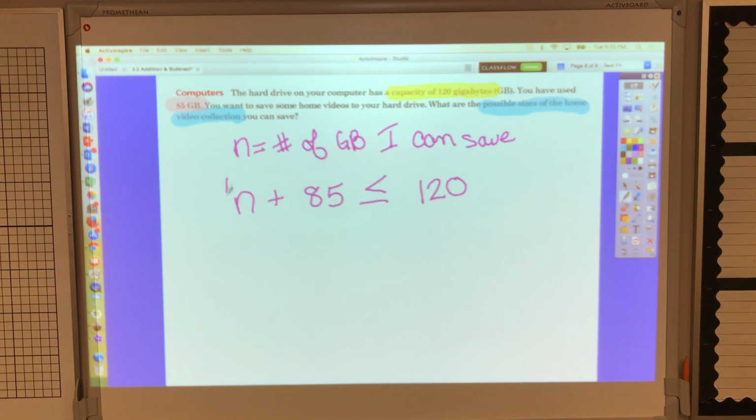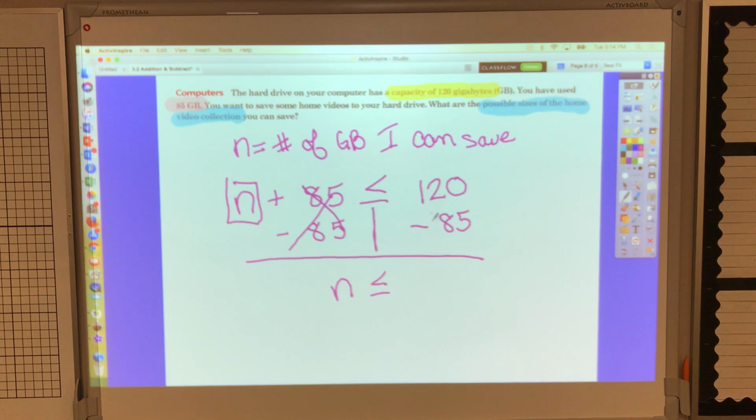So if my goal is to get n by itself, I'm going to subtract 85 on both sides. Again, if that line down the middle helps you see that property of equality, draw it in. 85's cancel, and I get n is less than or equal to 120 minus 85, which is 35.